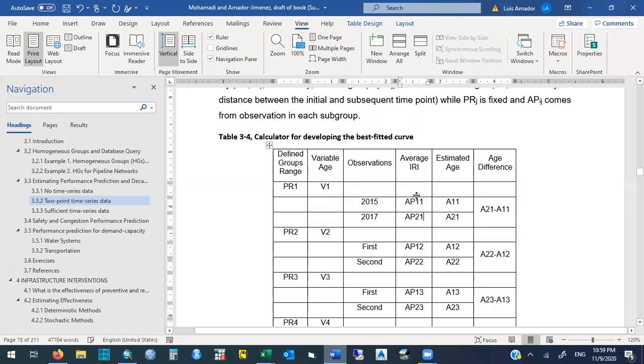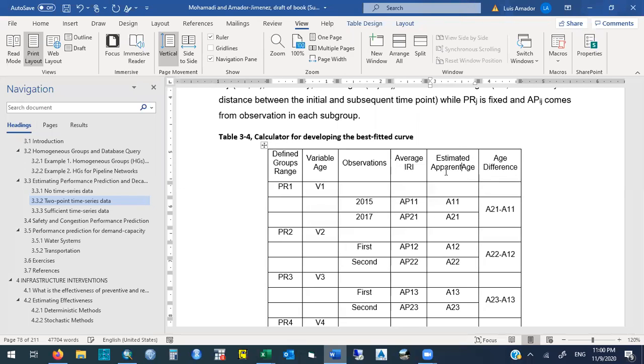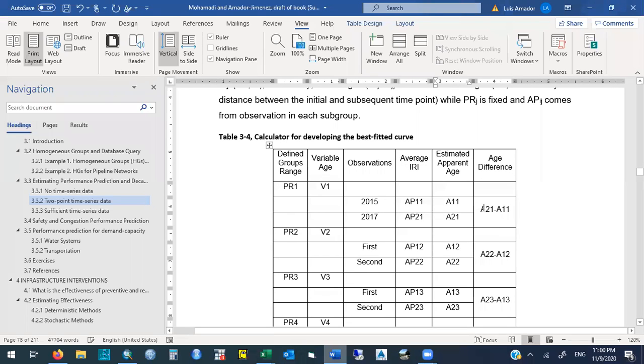So the way I approach this is by having my average RI for 2015. I call it AP11. My average RI for the following year, I call it AP21, is the second year. And then I need to have an associated age that is estimated for this RI. And I have to have an associated apparent age. So this is the estimated apparent age. And the age difference has to match what I am observing.